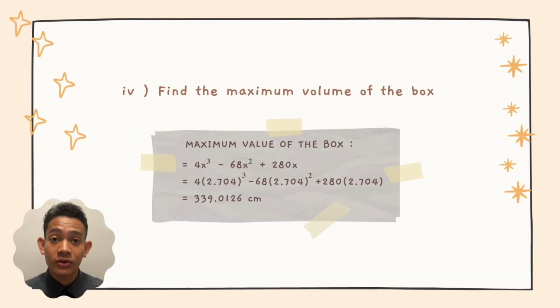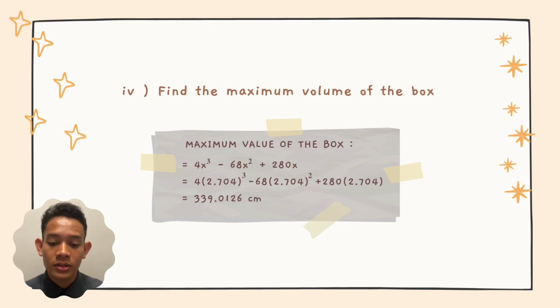For question 4, we found that the value of x is equal to 2.704. Then, we just need to insert the value of x into the volume formula of the box.